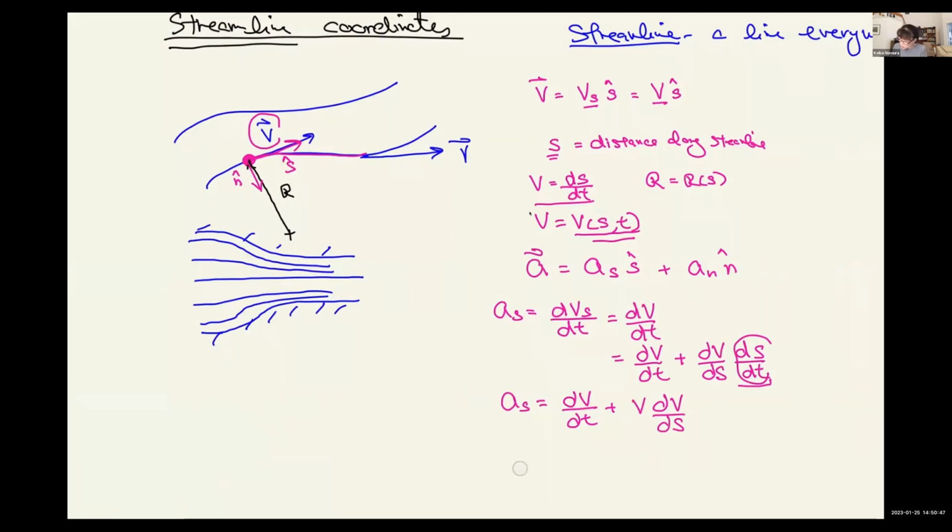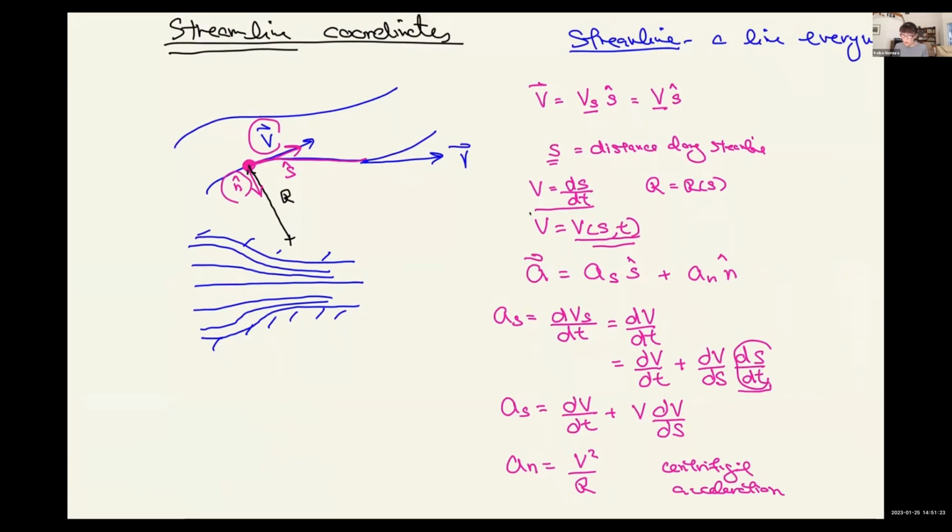The normal acceleration is V squared over R. From basic physics, if you recall, you can evaluate the centrifugal acceleration as V squared over R, and that is in the direction of the local normal vector. So I think this just sets up everything.